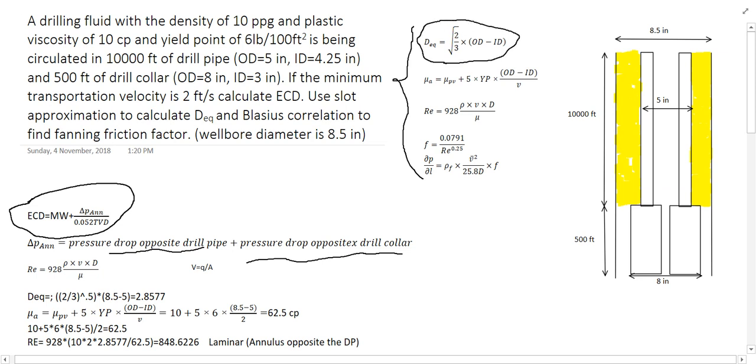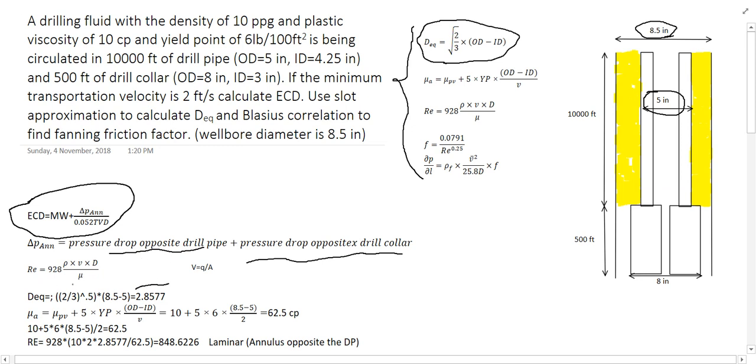The OD is the wellbore diameter, which is 8.5. The ID is 5 inch, which is the OD of the drill pipe. If we substitute that, we can find the equivalent diameter, which is 2.85.